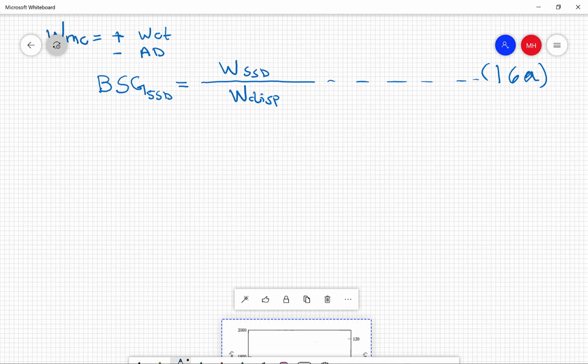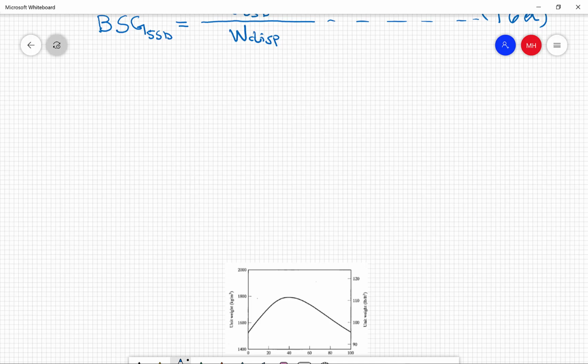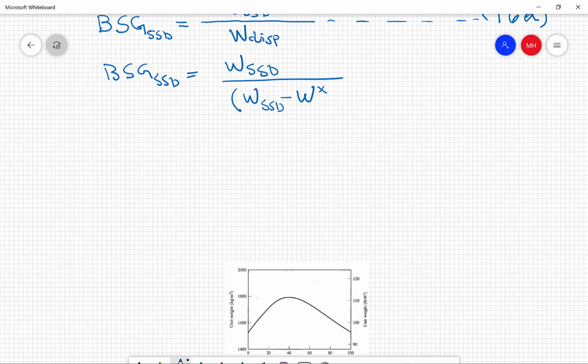Okay, so let's rewrite the bulk specific gravity here. The bulk specific gravity, again in the SSD condition, will be equal to the weight based on the SSD condition divided by the weight in the SSD condition minus the value, let's give it designation star here, SSD.